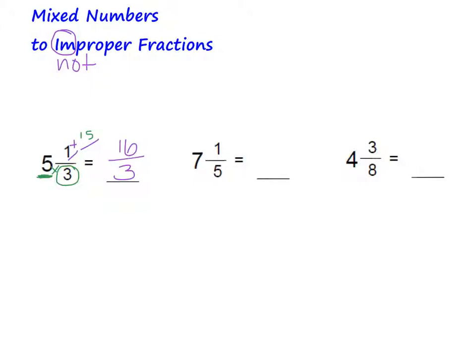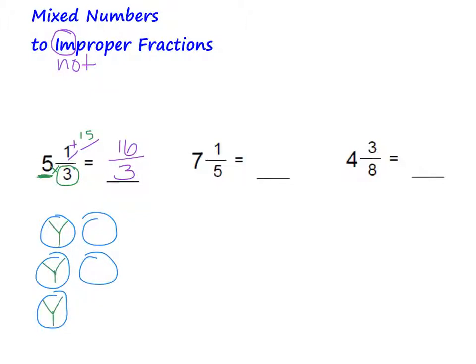I can quickly draw this in a picture for you. If we have 5 whole pizzas, and they've been cut into 3 slices each, I can count them easily. 1, 2, 3, 4, 5, 6, 7, 8, 9, 10, 11, 12, 13, 14, 15 slices right here in the whole pizzas.